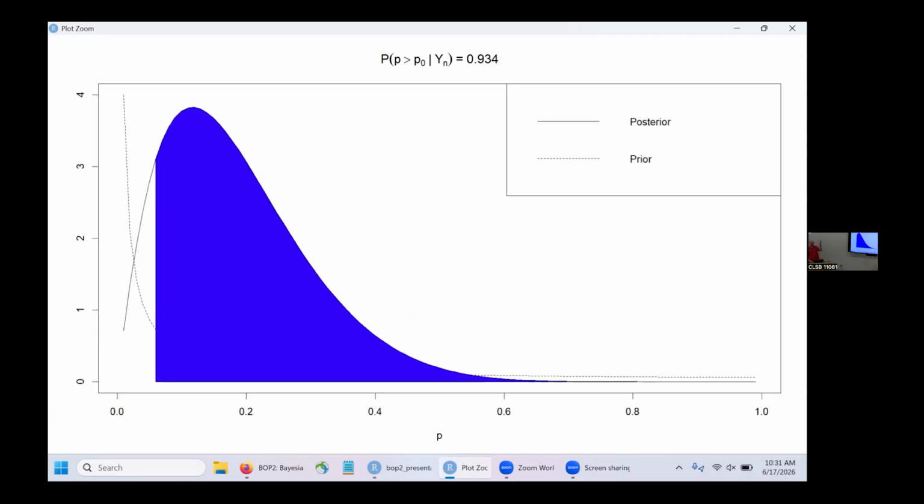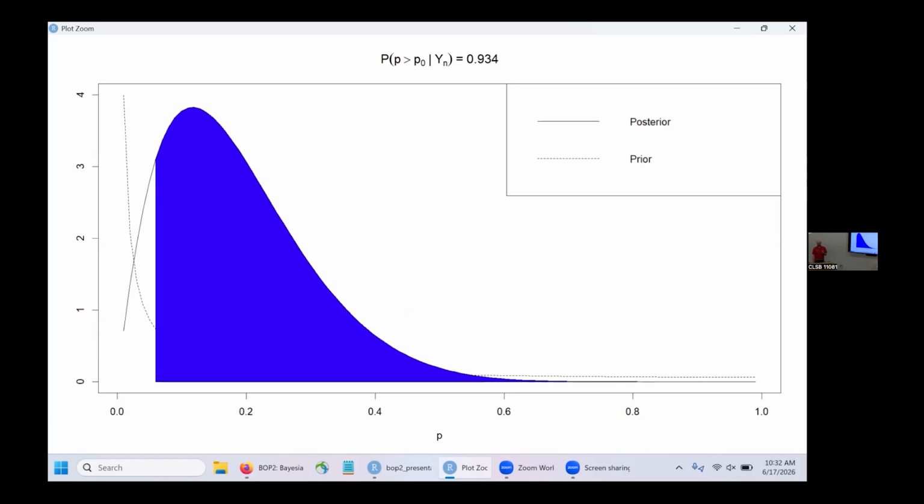If you're on Zoom, you didn't see this, but I gave her a standard 6-sided die and asked her to roll it 10 times and count the number of ones. So we know that essentially the true value of P should be 1/6, about 0.17. That's definitely greater than our null of 0.05. So this is a good outcome. This is consistent with what we know to be the truth.